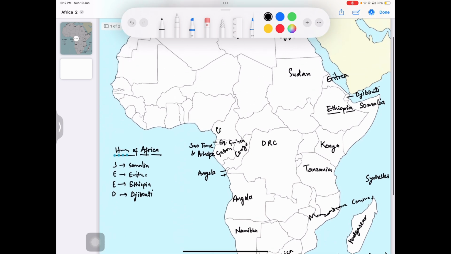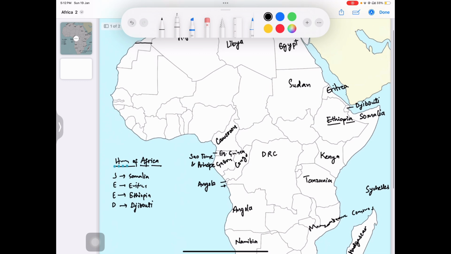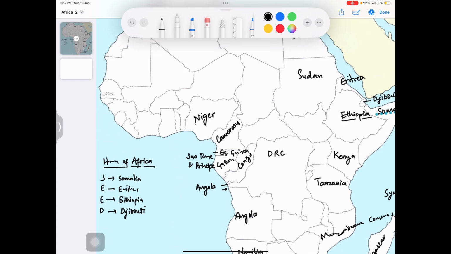This one is Cameroon, and this one I think is Niger, maybe Niger or Nigeria. I think it is Niger. I am a little confused on this.